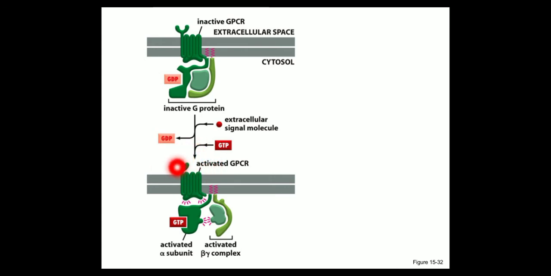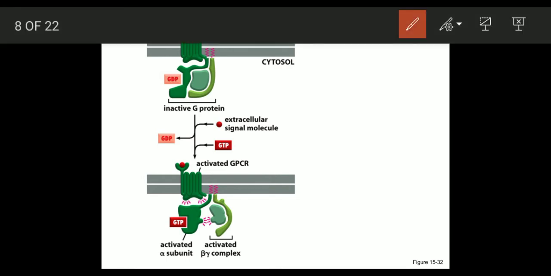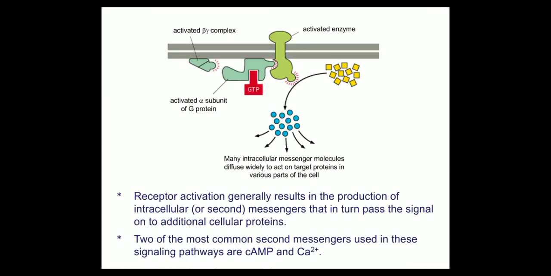And when the GDP is substituted by GTP, as you can clearly see here, the alpha subunit also gets activated. Then this activated alpha subunit binds with the membrane bound enzyme and activates the enzyme.